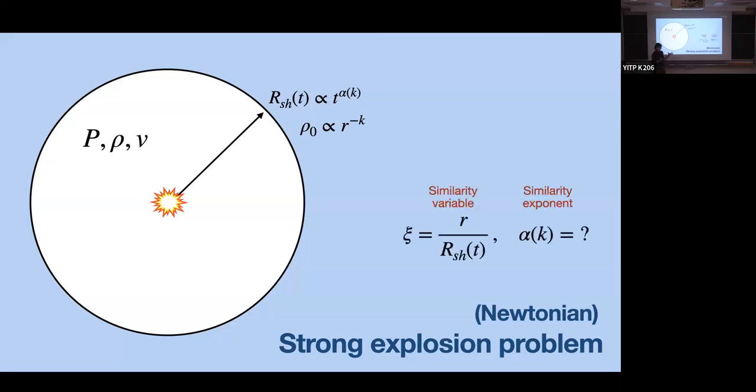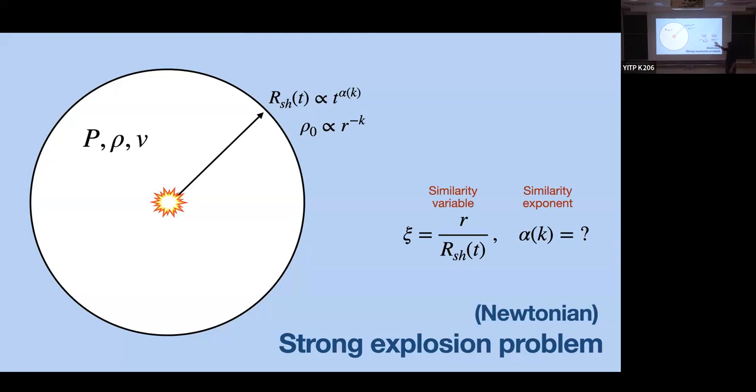So since I expect this system to behave in a self-similar manner, I'm informed by the expected behavior of the problem, and I choose this similarity variable that I call xi, which is just the radius normalized to the shock radius.